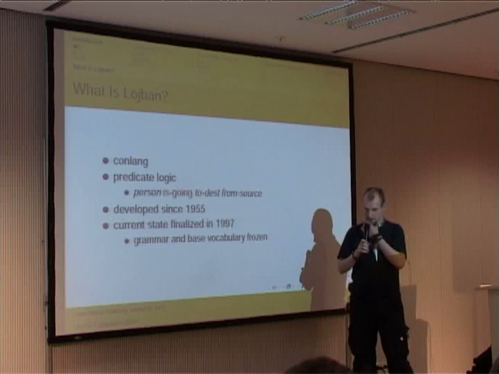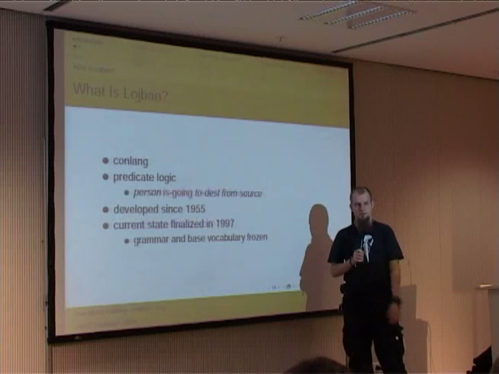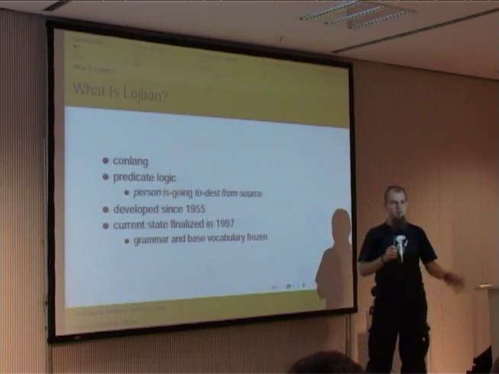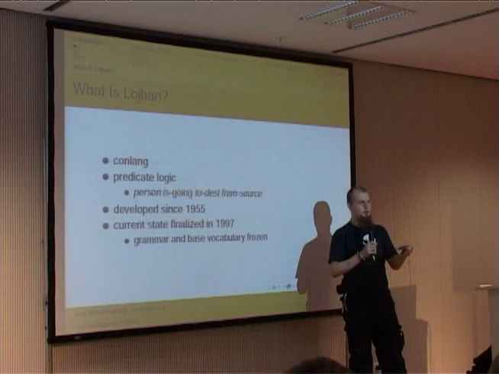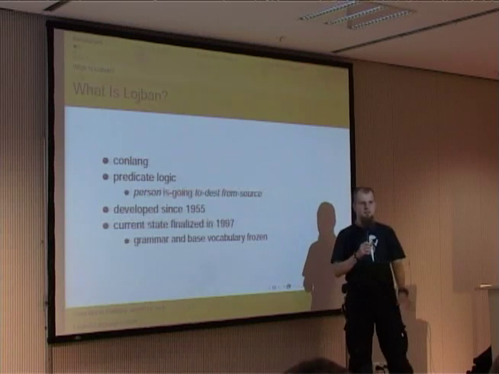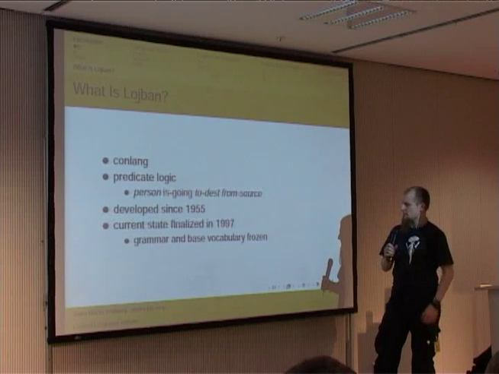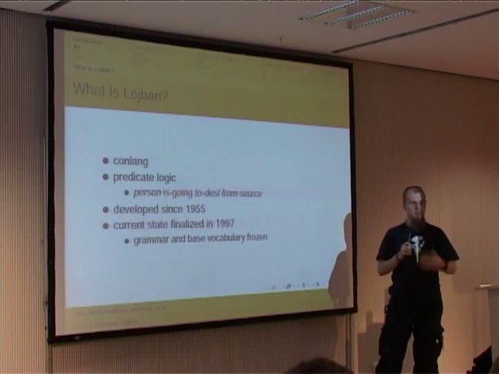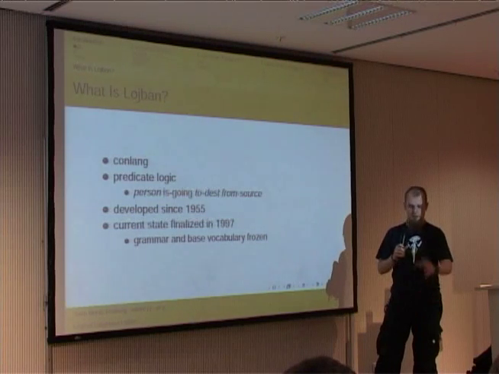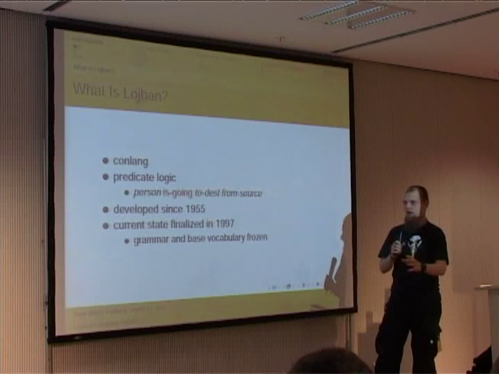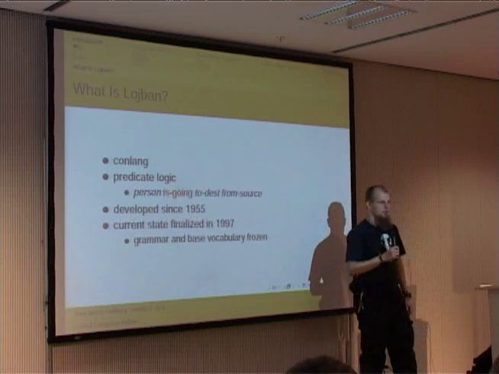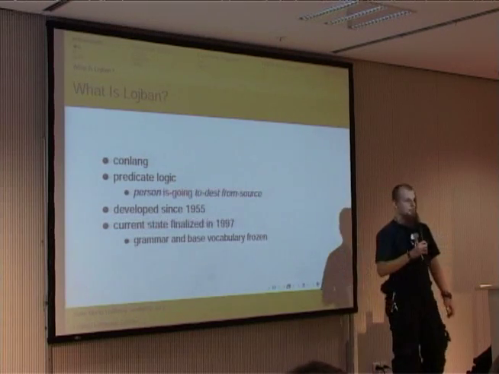And the current state of Lojban was fixed in 1997, so there was fluctuation in the language as it was developed, and people were trying different things up until 1997. At that point they published a book that basically froze the grammar and the base vocabulary. So now basically the goal is, yeah, there's a question.